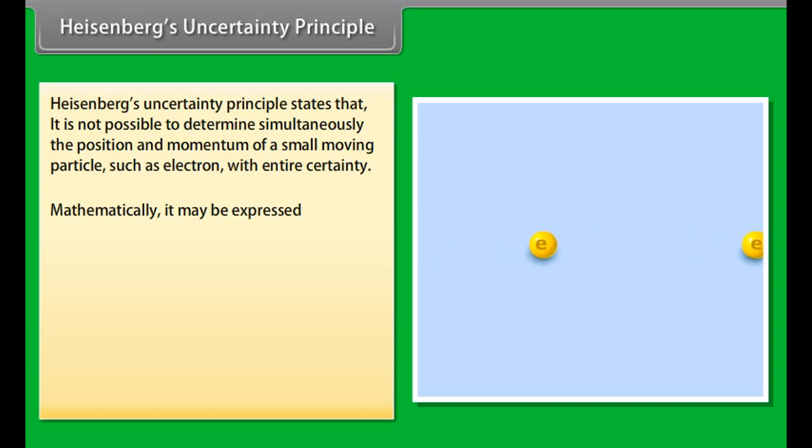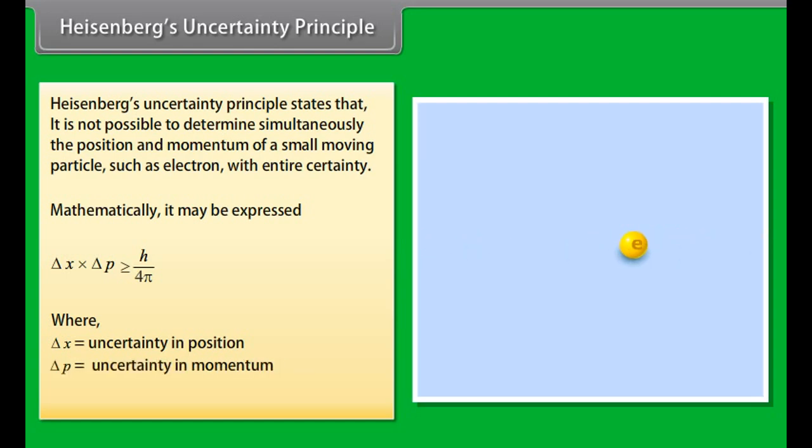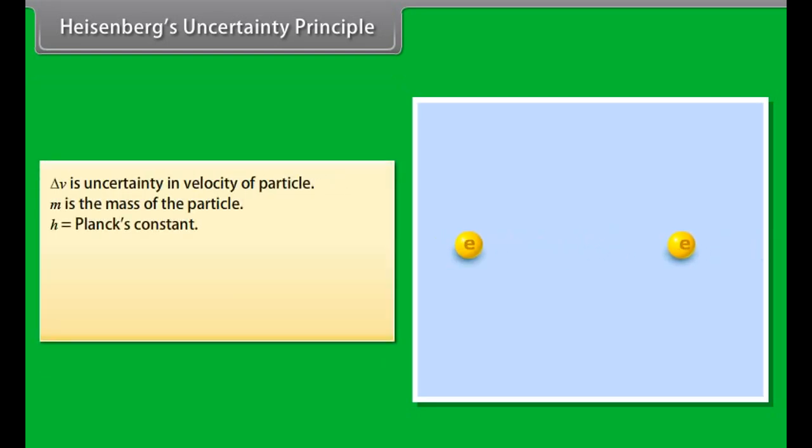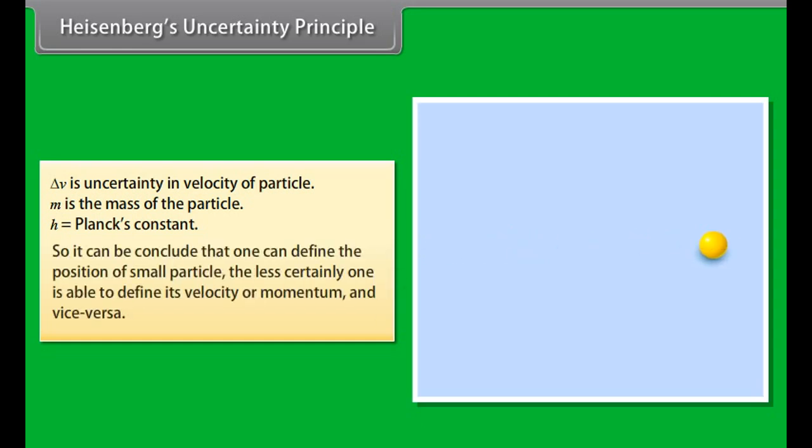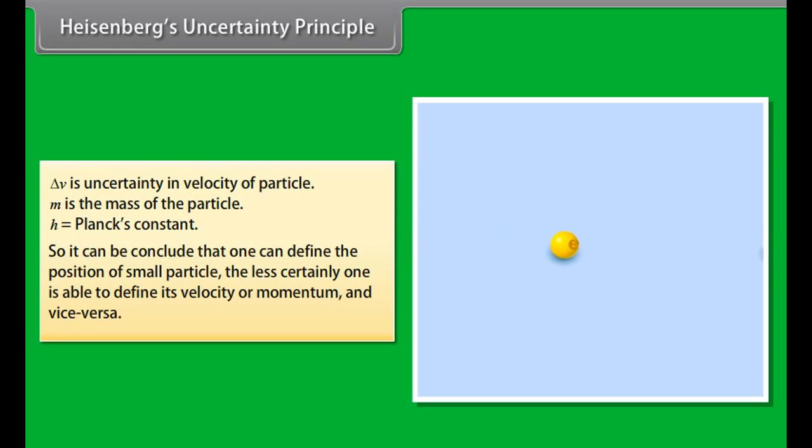Mathematically, it may be expressed as delta x into delta p greater than or equal to h by 4 pi, where delta x is the uncertainty in position, delta p is the uncertainty in momentum, equal to m delta v, delta v is the uncertainty in velocity of the particle, m is the mass of the particle, and h is Planck's constant. So, it can be concluded that the more precisely one can define the position of a small particle, the less certainly one is able to define its velocity or momentum, and vice versa.